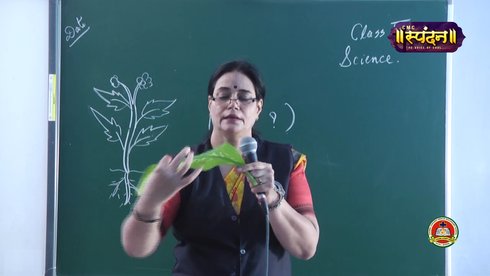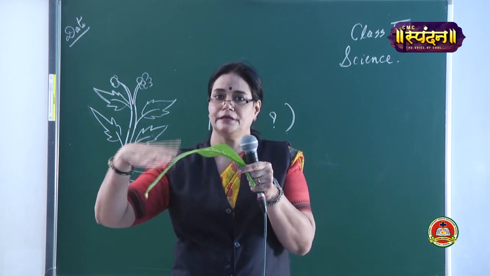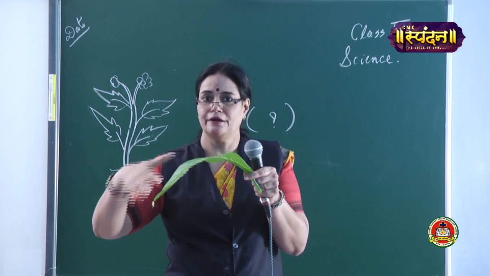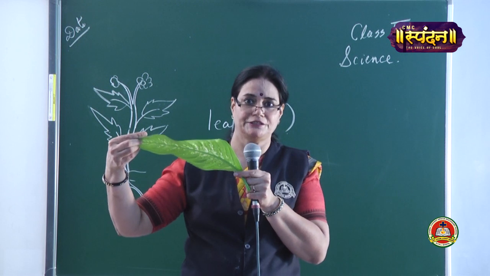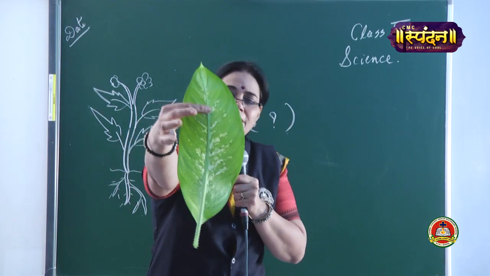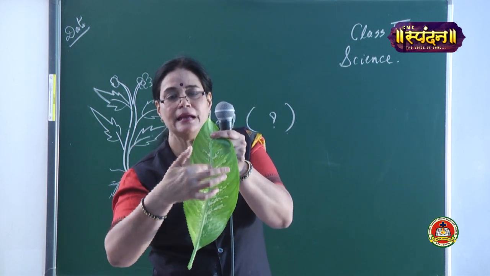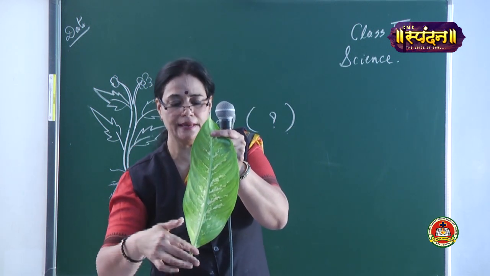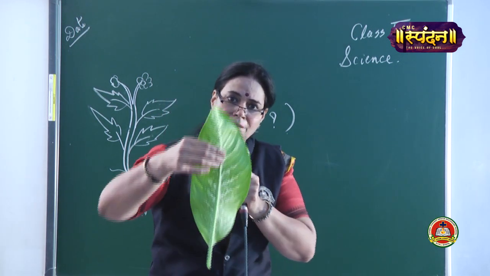Now, this broad flat portion of the leaf is called as leaf blade. Understood? Now you turn the leaf and see. Can you see a big vein coming here? A thin vein here, right in the center of the leaf. Can you all see?